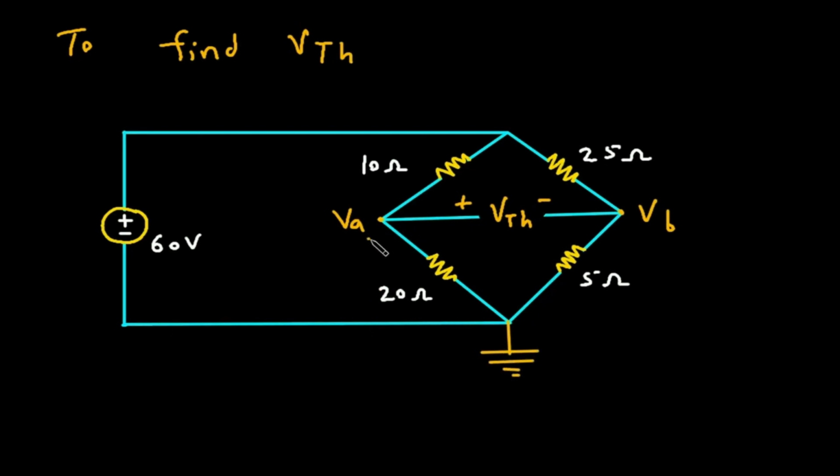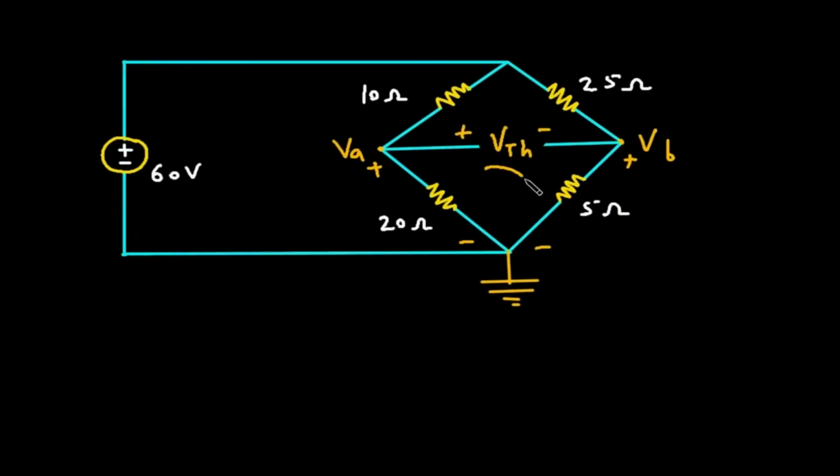Now this will be positive and this will be negative. This will be positive and this will be negative. So let's say this is loop number 1 with current I1. Apply KVL to loop number 1. We will start from here.